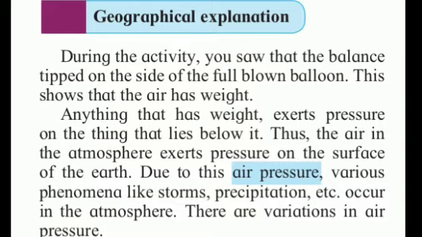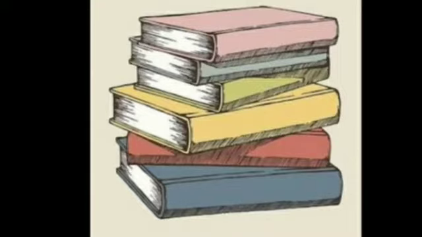Okay, student, to understand this, let's assume that piles of books are there in front of you. Suppose you have arranged piles of books. Now tell me, student, on which book will the pressure be more? Yes, definitely.